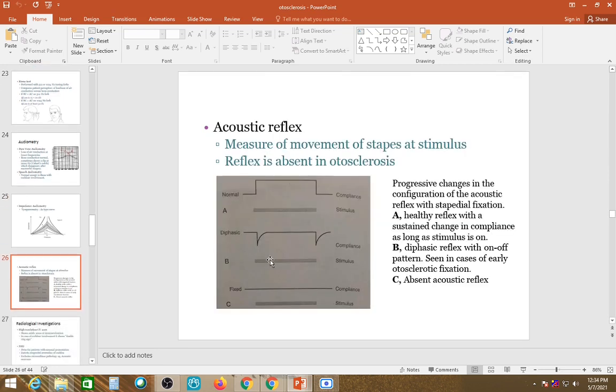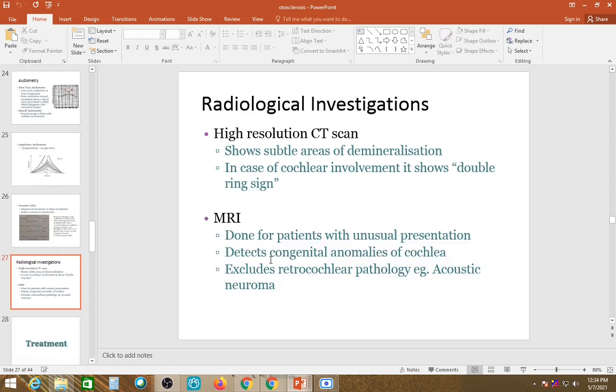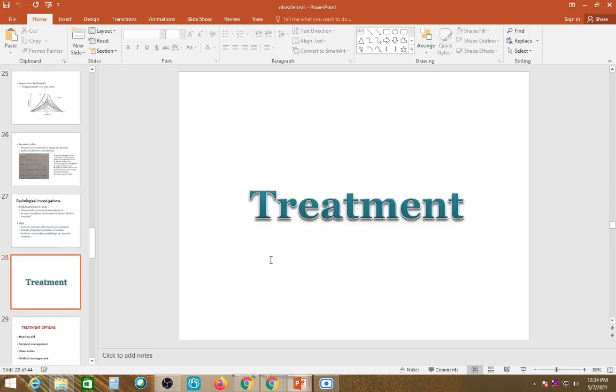Then acoustic reflex. A is the normal compliance, B is the flat, and C is the fixed compliance. Radiological investigation is a high resolution CT scan or MRI. If the CT scans are not clear and we cannot observe, then we can go for MRI for better understanding and better knowledge for treating the patients.